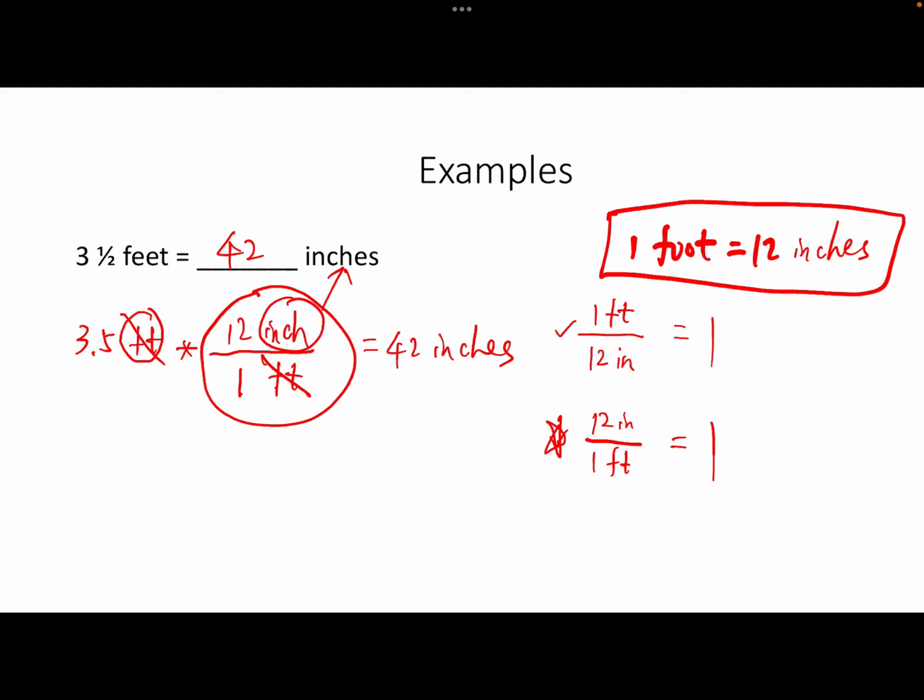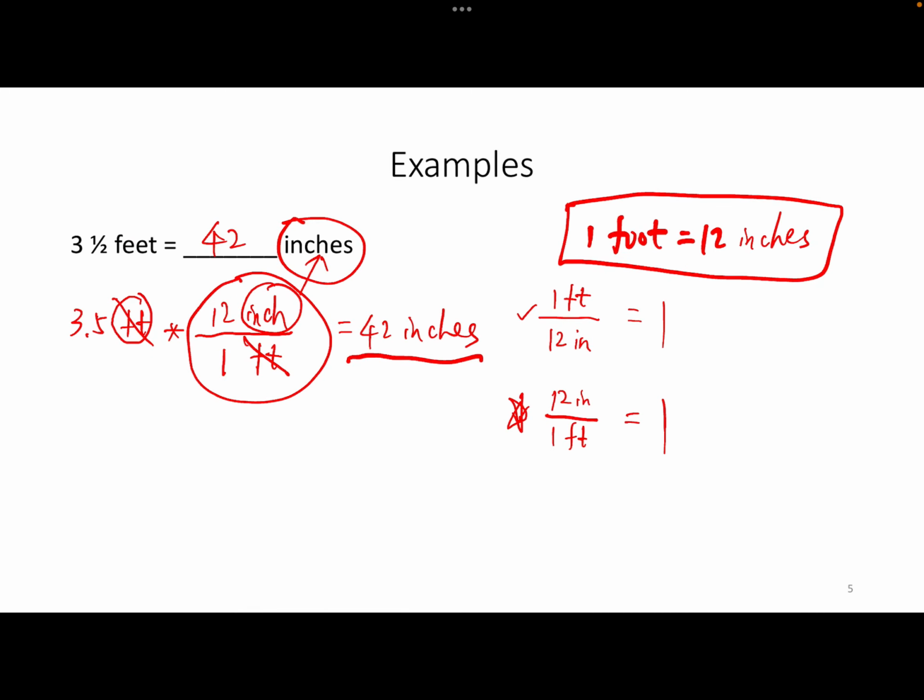We multiply by a conversion factor in which the unit we start with is on the denominator, and the desired unit is on the numerator. Then multiply, and that's the product we need. You can tell the unit has been converted from feet to inches.